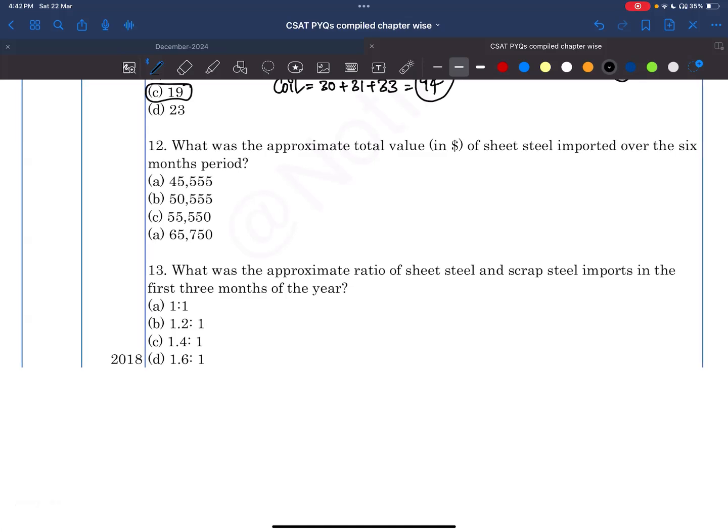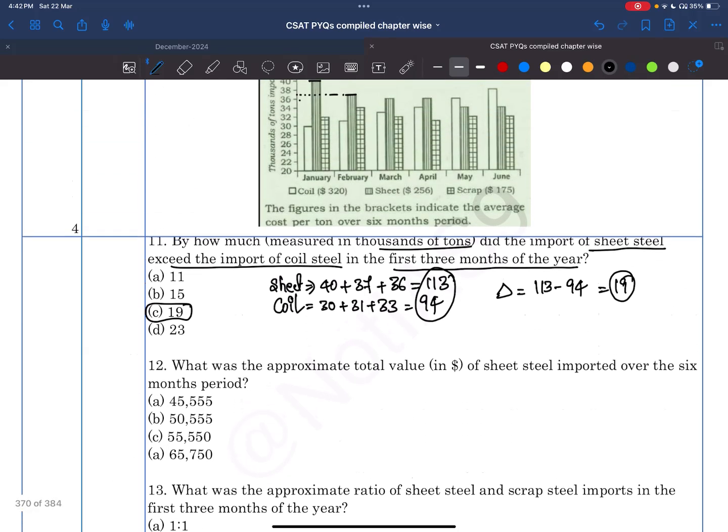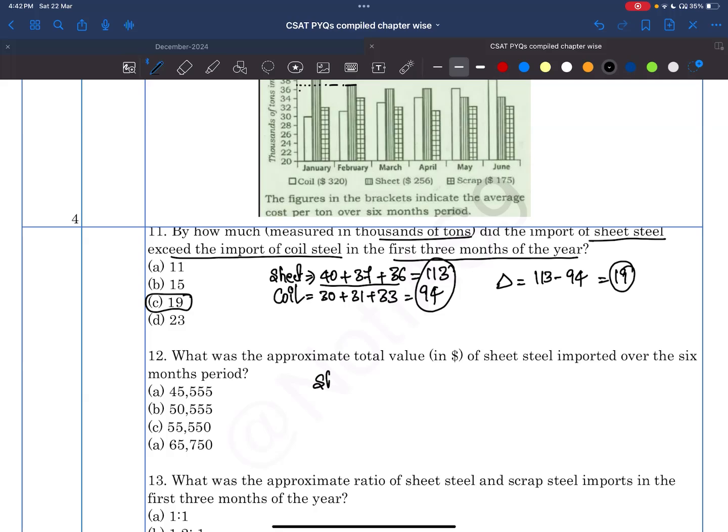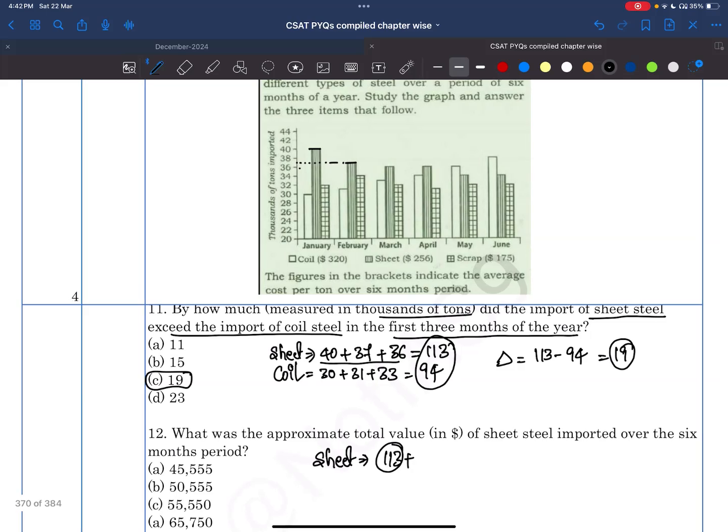What is the approximate total value of sheet steel imported over a 6 months period? Okay. 6 months period, right? Already we know the 3 months value. Let's add it. That means 113 plus the remaining months. Remaining months means what? Sheet steel, no? These lined ones.